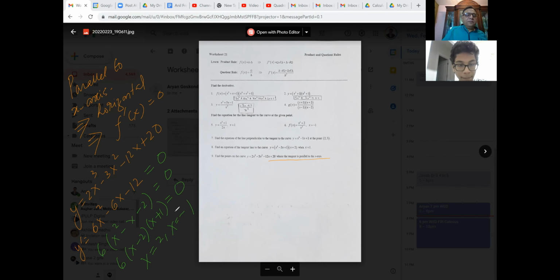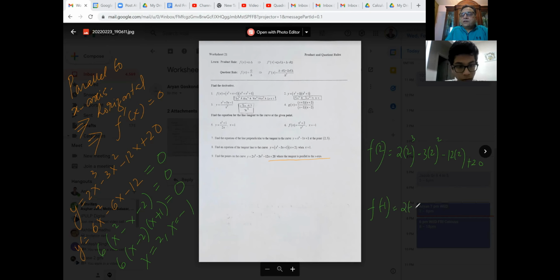So the points will be, plug in 2, right? So f of 2 is what? Calculate with 2, so 2 times 2 cubed minus 3 times 2 squared minus 12 times 2 plus 20. Calculate this value and also f of minus 1.